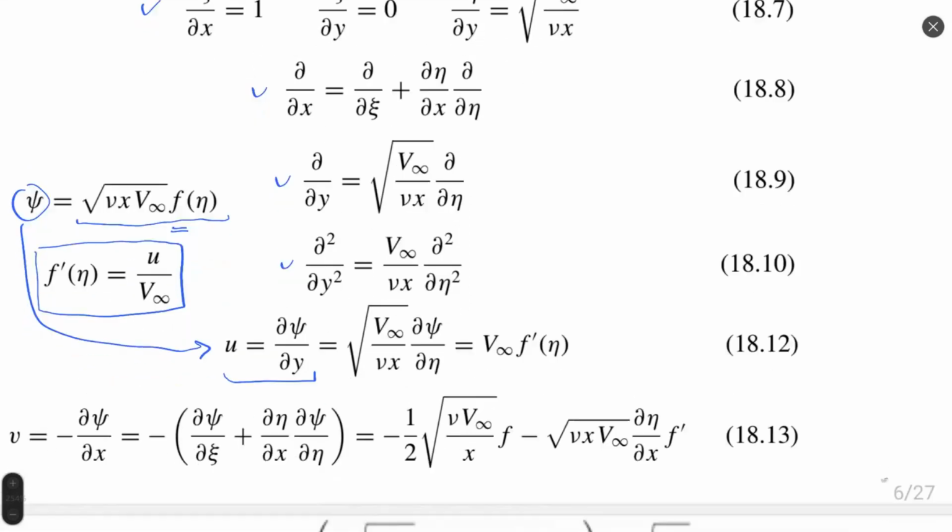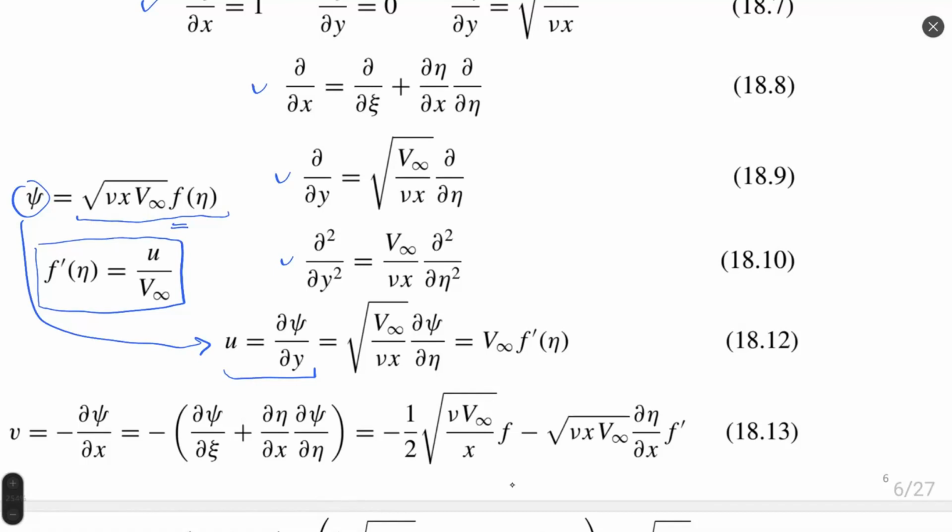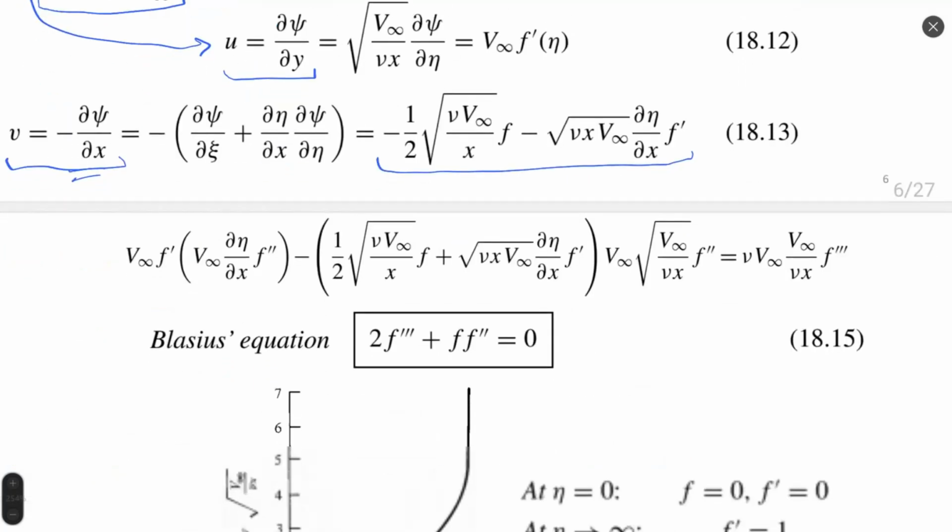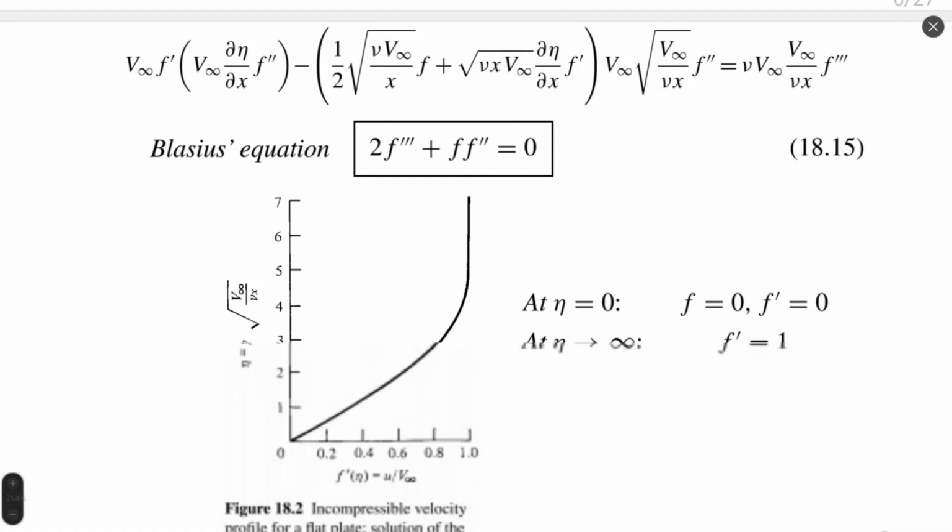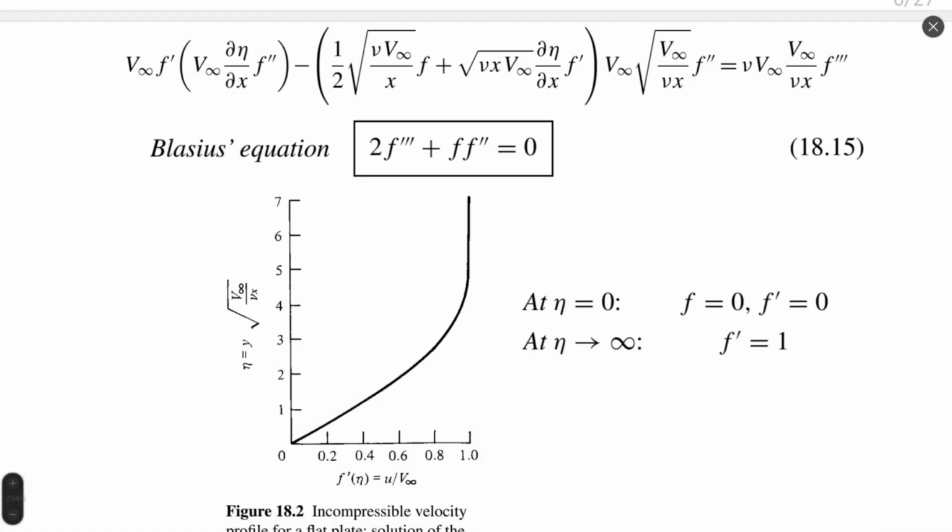Then we do the same with the v component of velocity here, which is the negative derivative of the stream function in the x direction. Taking all previous definitions, we obtain this v component of velocity inside equation 13, and combining inside the flow equation, going back, putting all together, we obtain equation 15.